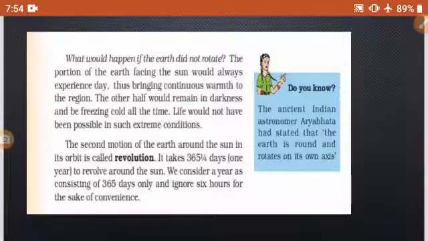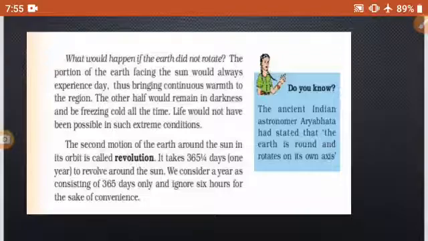So children, if the earth hadn't been rotating as it rotates every day, life would have become very difficult because half part would always be in light and half part would always be in darkness. So as the earth rotates, all the parts of the earth get equal amount of light and heat from the sun.